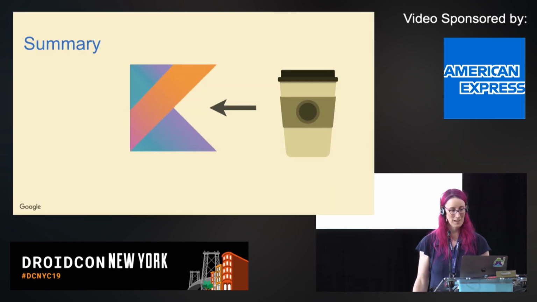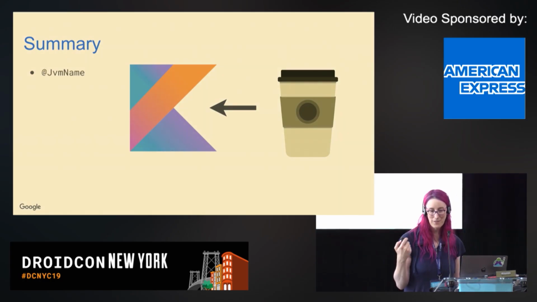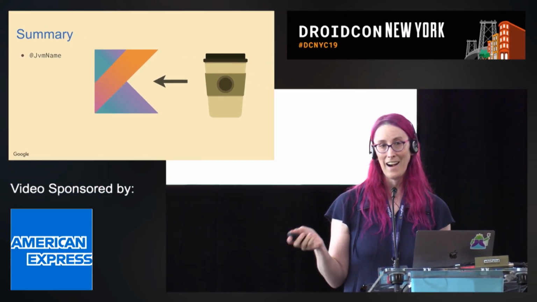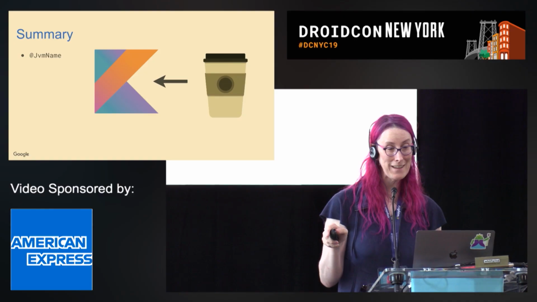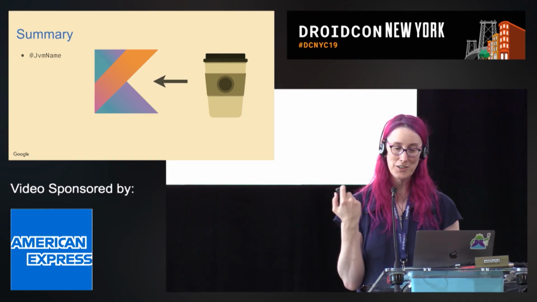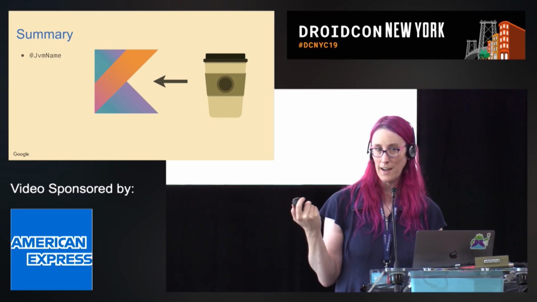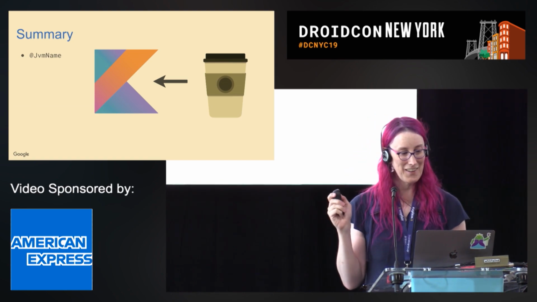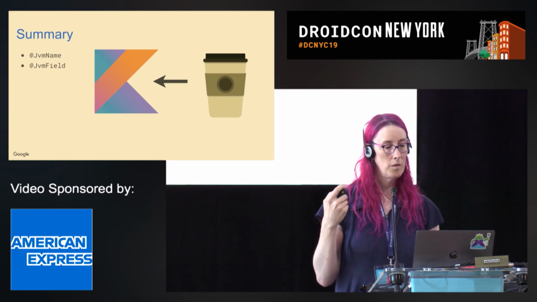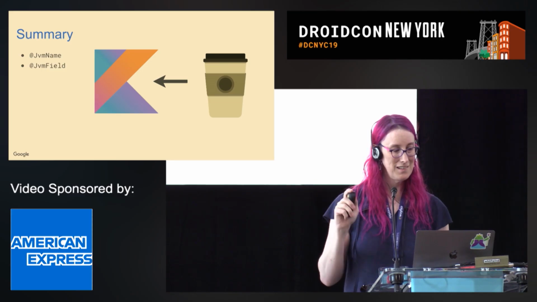So, a quick summary of what we've talked about. We have JVM name. JVM name can actually be used to rename basically anything that you want. Probably not a great idea to rename anything, but you could. If you wanted that class named Java is better, even though it's named Kotlin is better, you could. JVM field for exposing methods or properties, which aren't backed by fields, as fields.